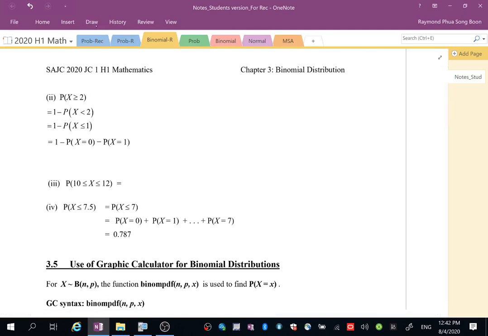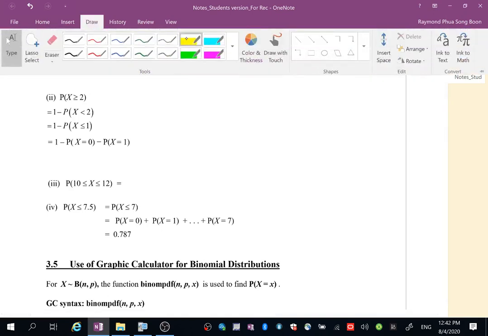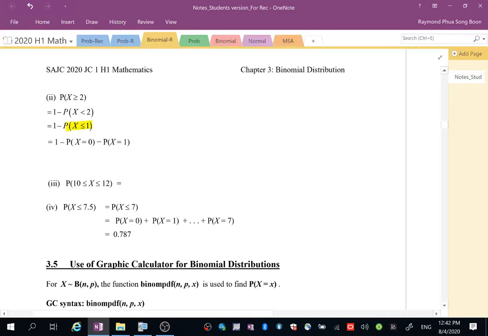Probability of X less than or equal to 1 is the same as probability of X = 0 plus probability of X = 1. Bearing in mind that for a binomial distribution, the random variable can only take on integer values starting from 0. Therefore, X less than or equal to 1 means X = 0 plus X = 1.